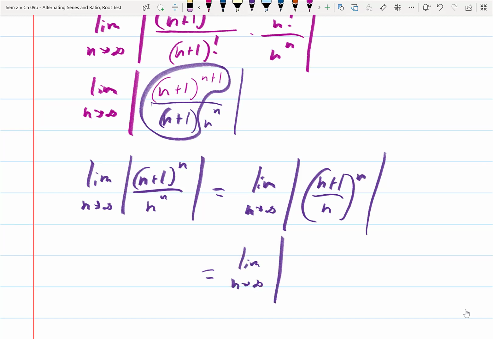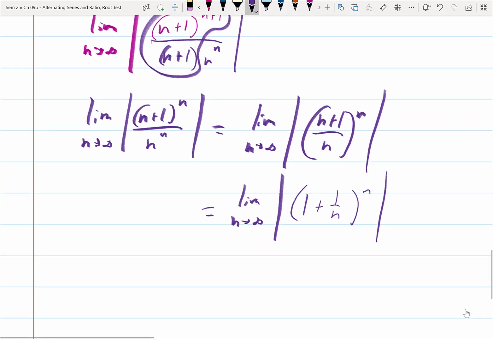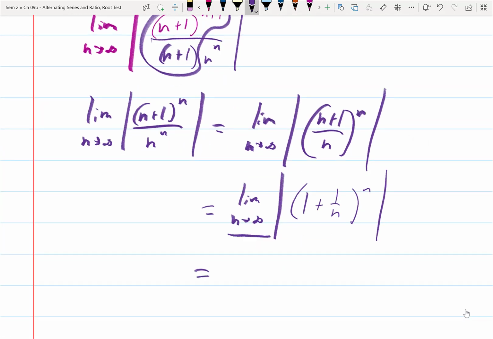Well, let's divide that out to show you what this really is. This is 1 plus 1 over n to the nth power. Hey, that's familiar. You should know what that is. This whole thing is e.